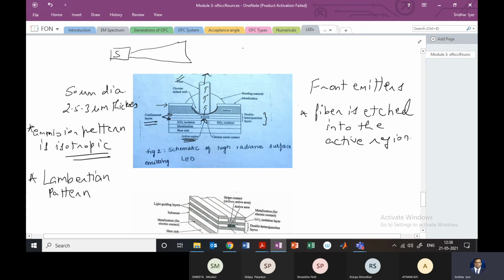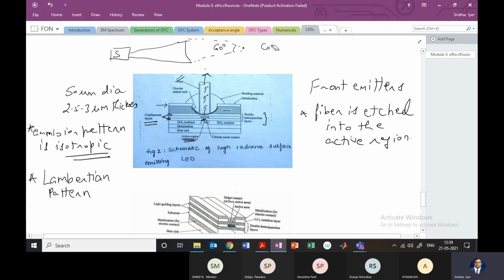If I'm standing here from this side, I will be viewing the light at a certain angle, and the maximum angle at which I can see this light is 60 degrees in the Lambertian pattern, right? And it is found in terms of cos theta, that we'll see when we are deriving the quantum efficiency, right?